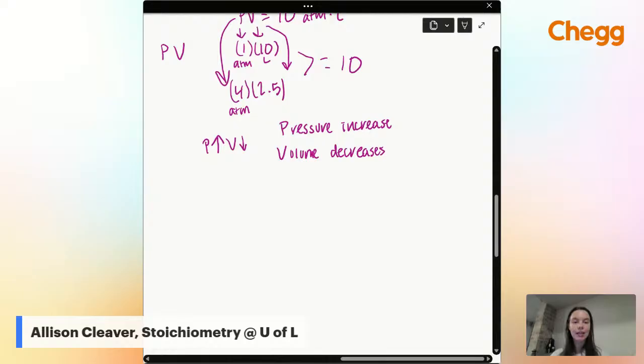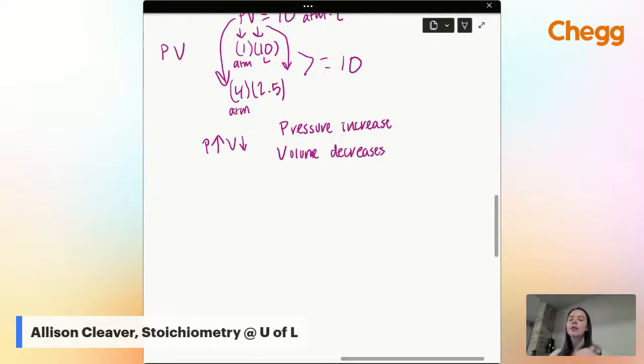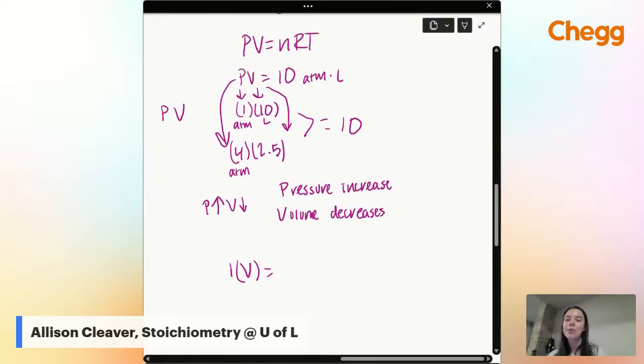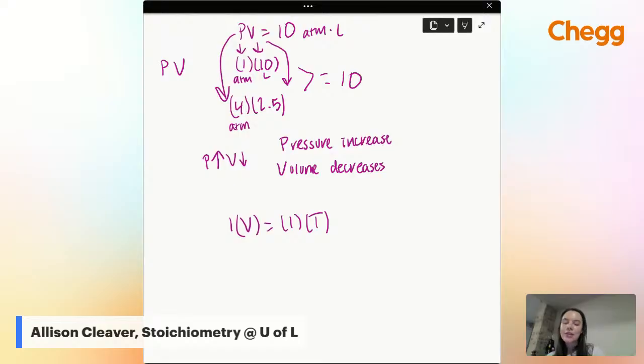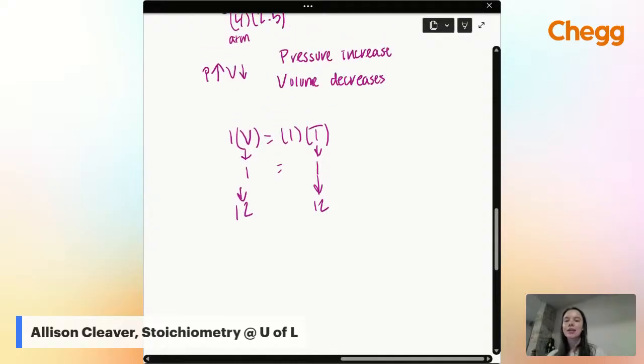The way that I would look at this is, let's set pressure as 1, and then we just have volume, and let's set our N and R as 1, and we have T. So if I want my left to equal my right, if I made volume 1, temperature would have to be 1. But if I made my volume, let's say 12, my temperature has to be 12. So they're increasing together. So that's my first relationship.